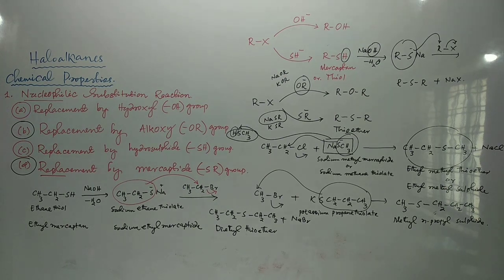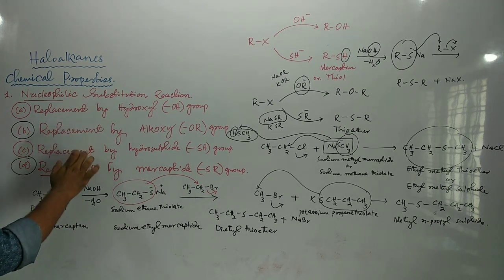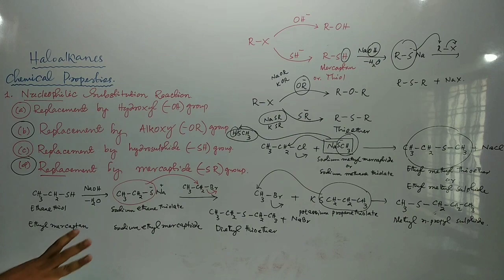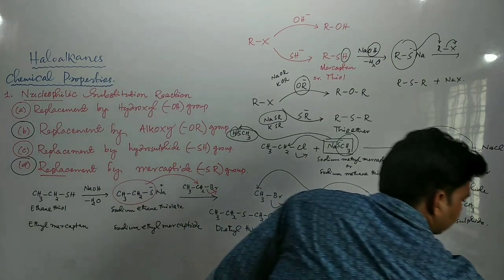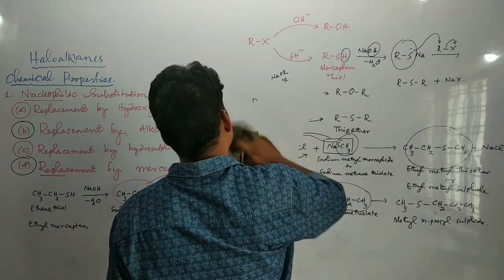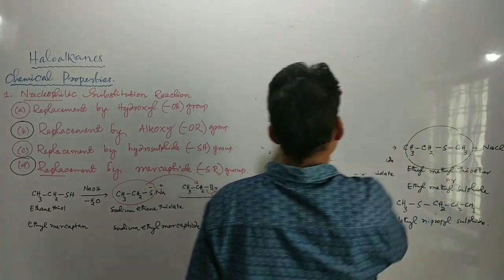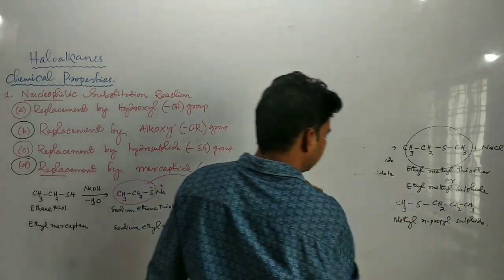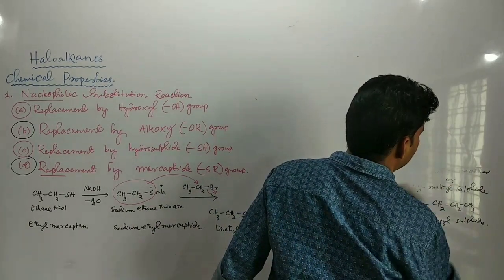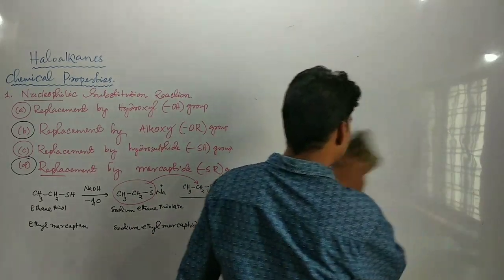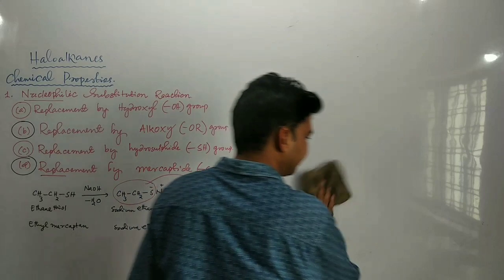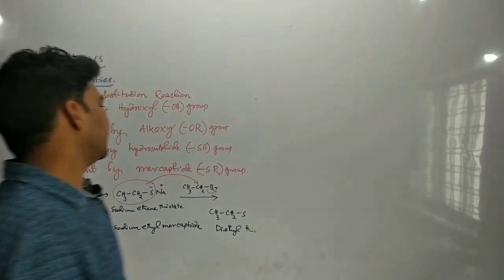So basically four different examples of nucleophilic substitution reactions have been learned so far. Let us recapitulate it. In the first example, the replacement by hydroxide ion. The second example involves the replacement by alkoxide ion.